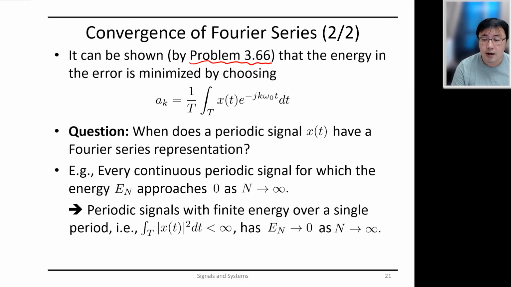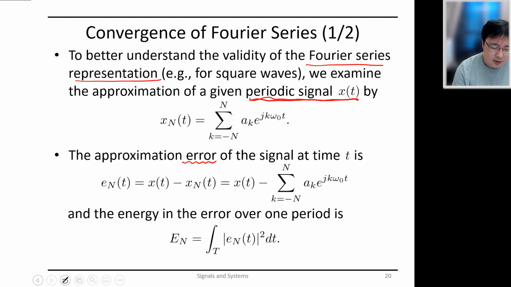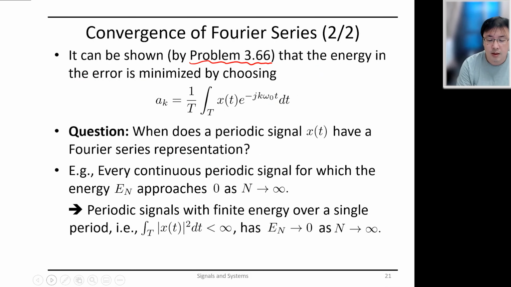And in fact, if you choose a_k according to this formula here, what you get is exactly the Fourier series coefficient. So what this says is that even for N that is finite, if you want to find a truncated Fourier series representation that best approximates x of t in terms of minimizing the energy of the error, then the best choice is to choose a_k as the Fourier coefficient.